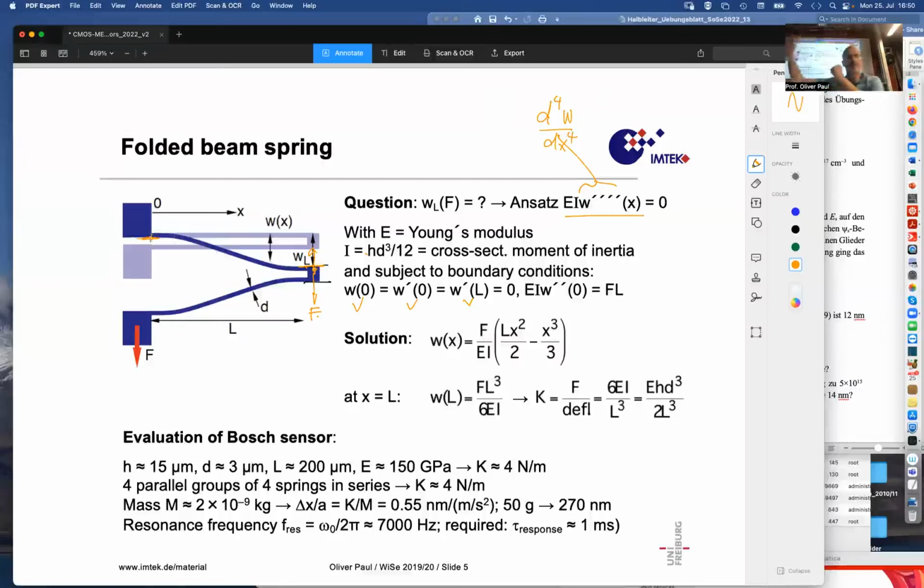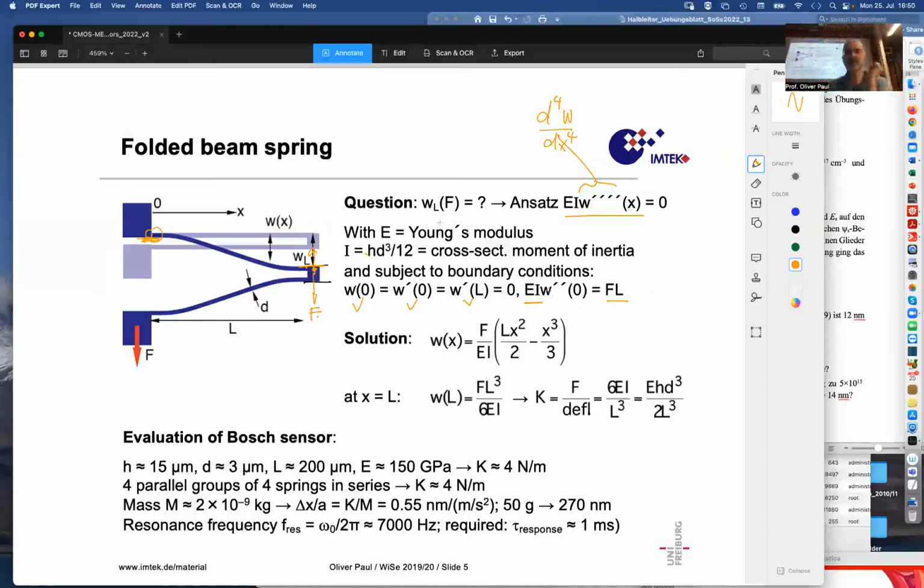So you pull with F a distance L away from this suspension point, and that corresponds to a moment which this piece of material has to resist. That moment is F times L. The torque is F times L. And here is where E times I comes into play, because the torque causes a bending.